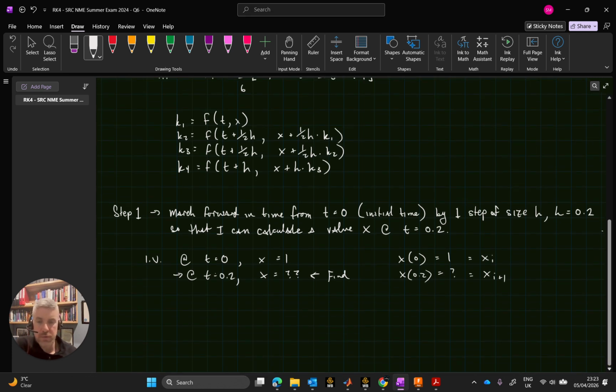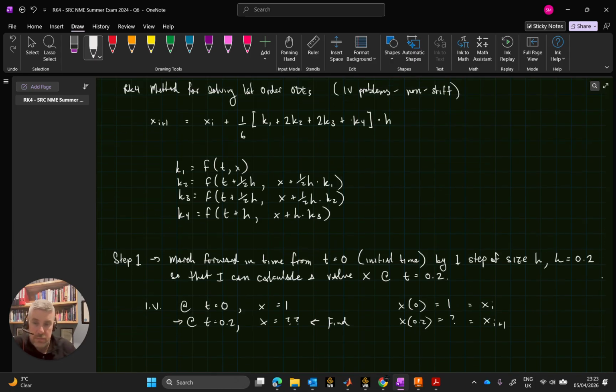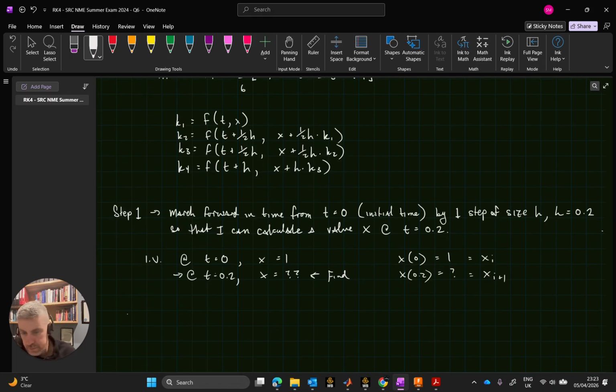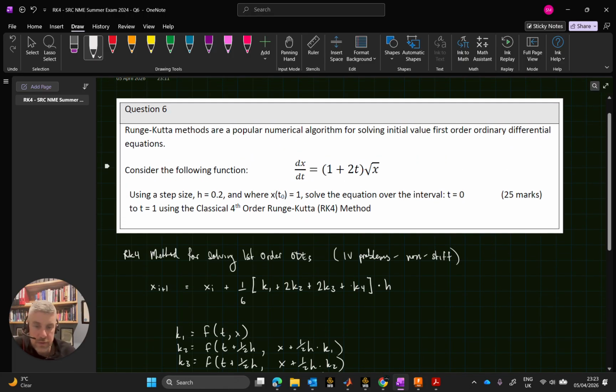So let's do that. For me to calculate out x of i plus 1, I need x of i, which I have. It's 1, plus 1/6 of all these k's. I don't know what the k's are just yet, but I have a method to find the k's. So k1 is equal to the function of t and x. So my function is 1 plus 2t by the square root of x.